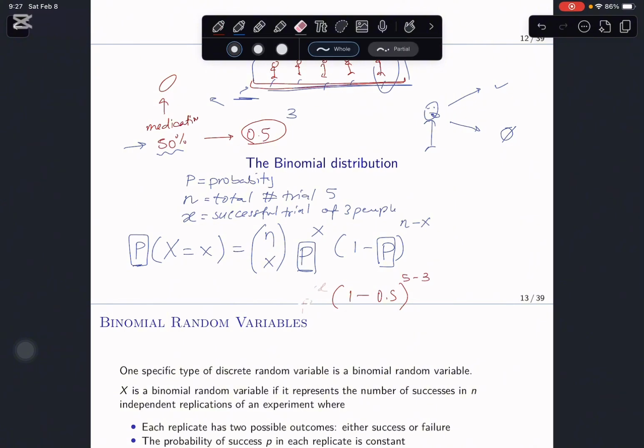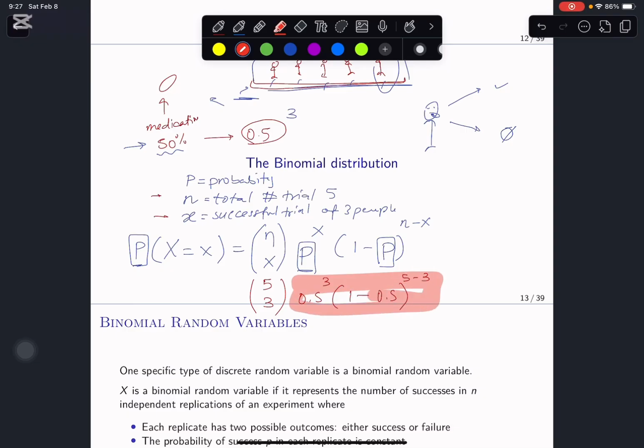Let's just replace this: 0.5 to the power of 3. Okay, and then you're going to plug in n and x. n is 5 and x is 3, so 5 choose 3. I'm pretty sure you guys know how to compute this part on your own, just plug it into the calculator. As for this part, you can do it by hand or by calculator.